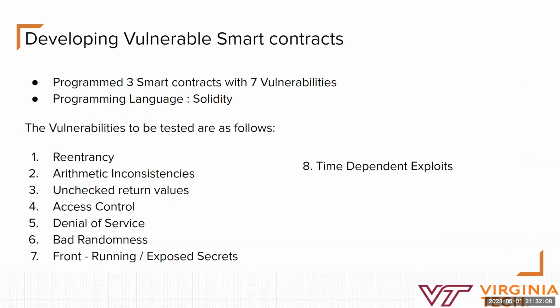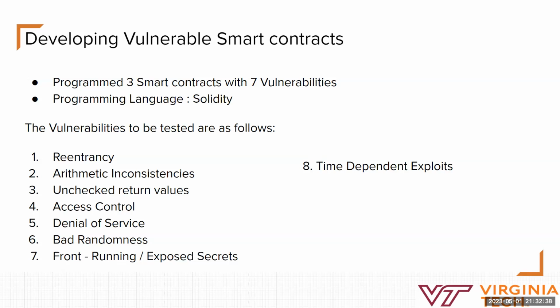As a part of this project, I have developed 3 smart contracts which have 7 vulnerabilities. The programming language that I've used is Solidity, since it's the most popular language used to develop smart contracts. The vulnerabilities that I have included in my smart contracts, and which we will be testing, are the reentrancy vulnerability, arithmetic inconsistencies like integer underflow and overflow, unchecked return values, and access control.